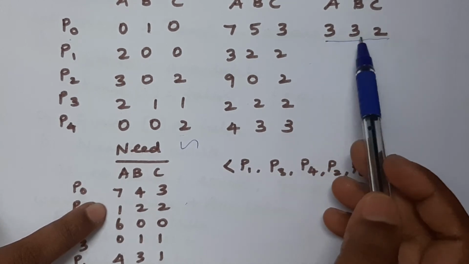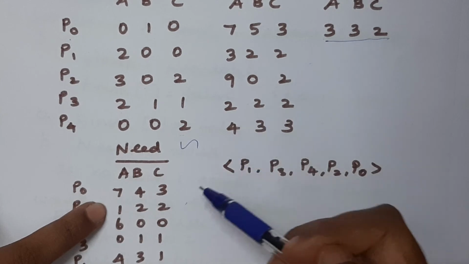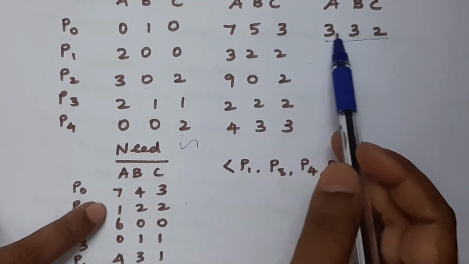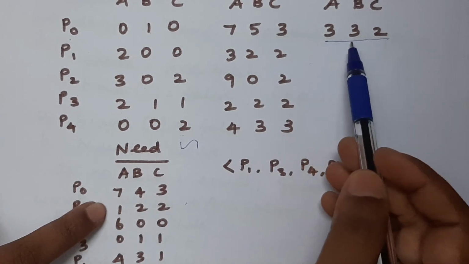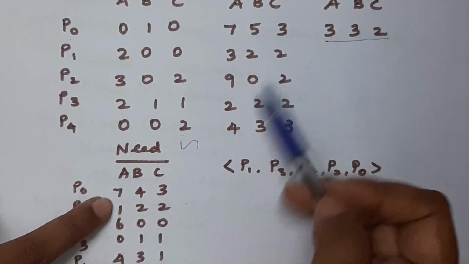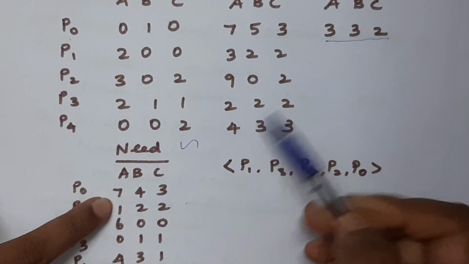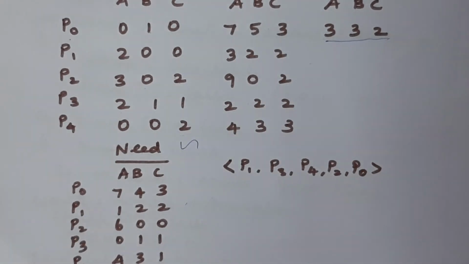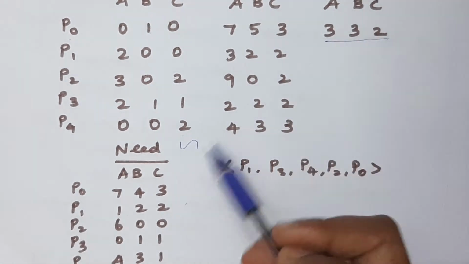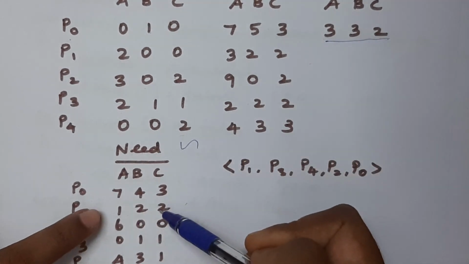So that is the second step as per the safety algorithm. Need is less than available or not. So that is what we are checking. We have 1, 2, 2 which is lesser than 3, 3, 2. So need is lesser, condition is satisfied. So we can allocate up to this need value.